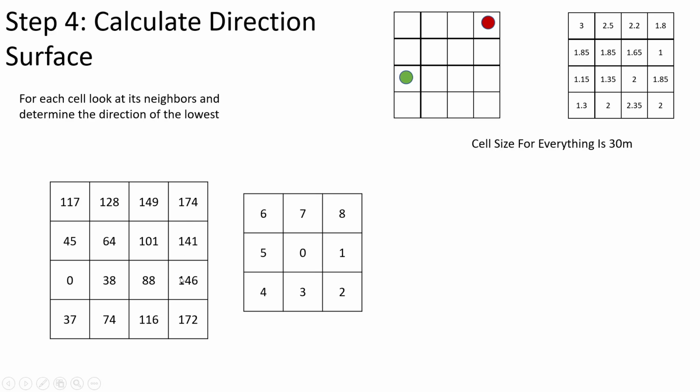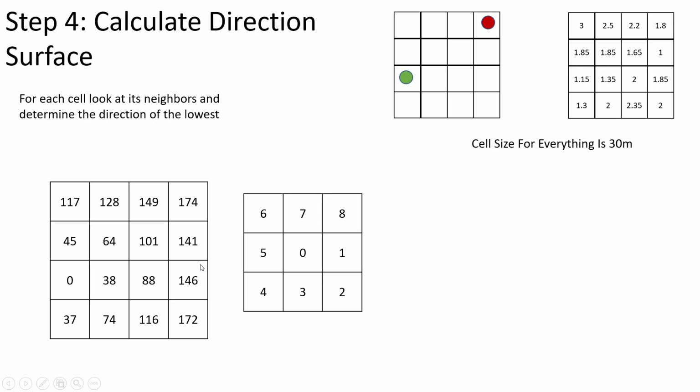We're going to figure out which cell has the lowest value. And then we're going to assign to our cell that we're looking from a coded value with which direction we would have to go to enter that cell. Okay? We're going to go through several examples because this is, I think, a little bit confusing.